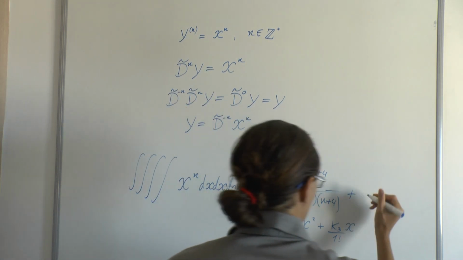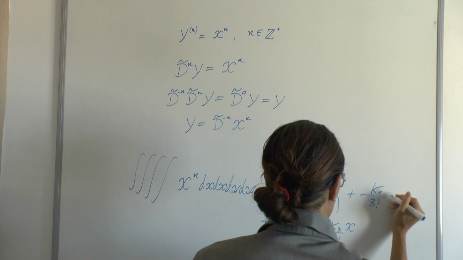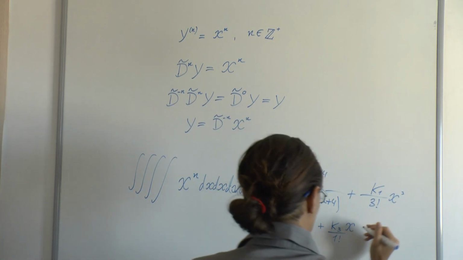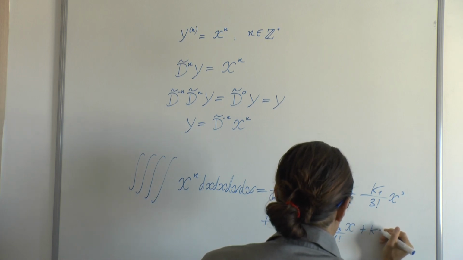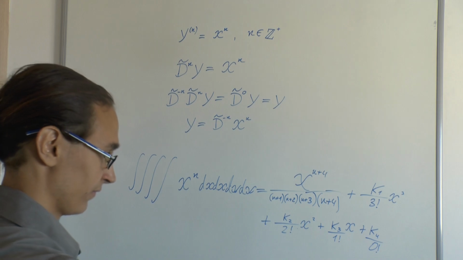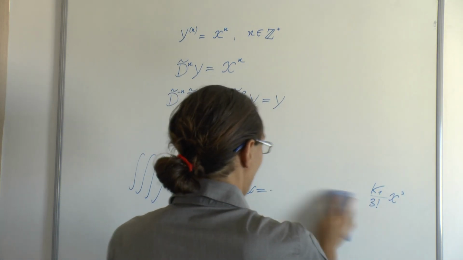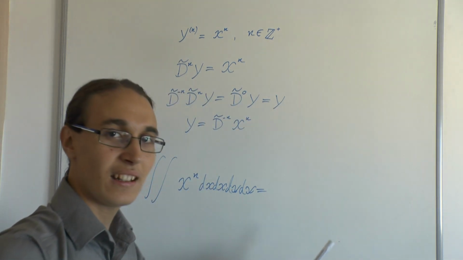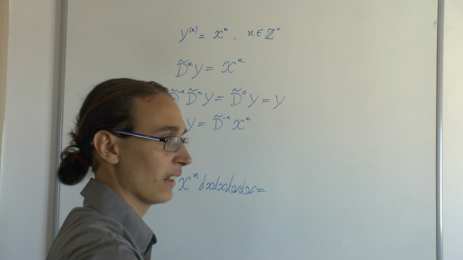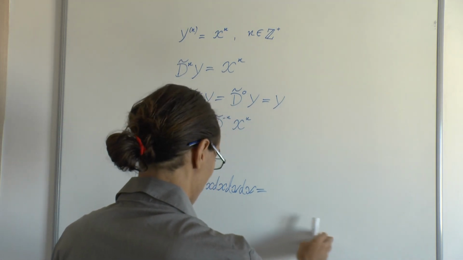Come on, a little bigger. 3 factorial x cubed, 2 factorial, and then our k4 over 0 factorial. Hopefully that's clear. And so we'll have this descending: each term will be divided by a factorial 1 less than the previous one.